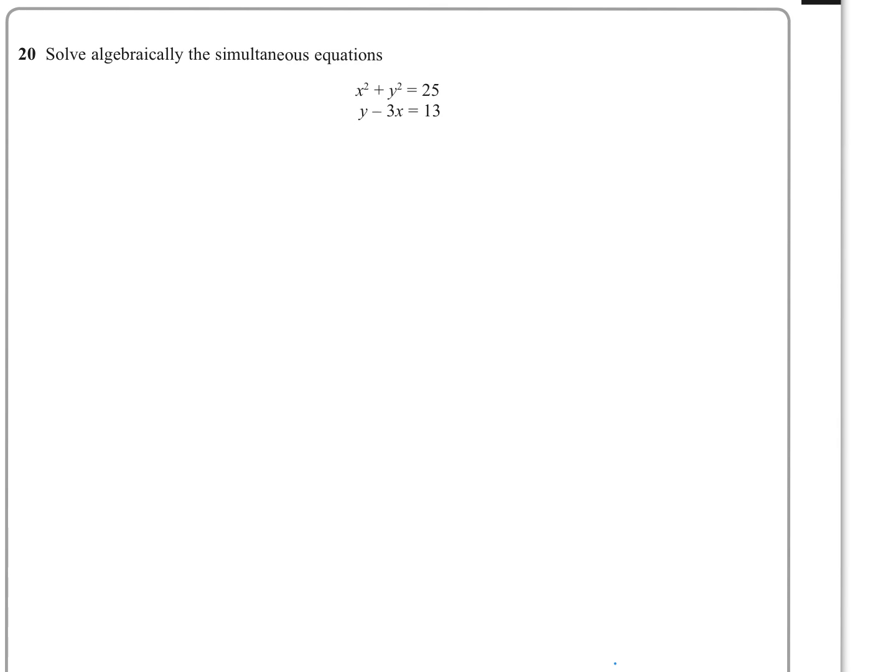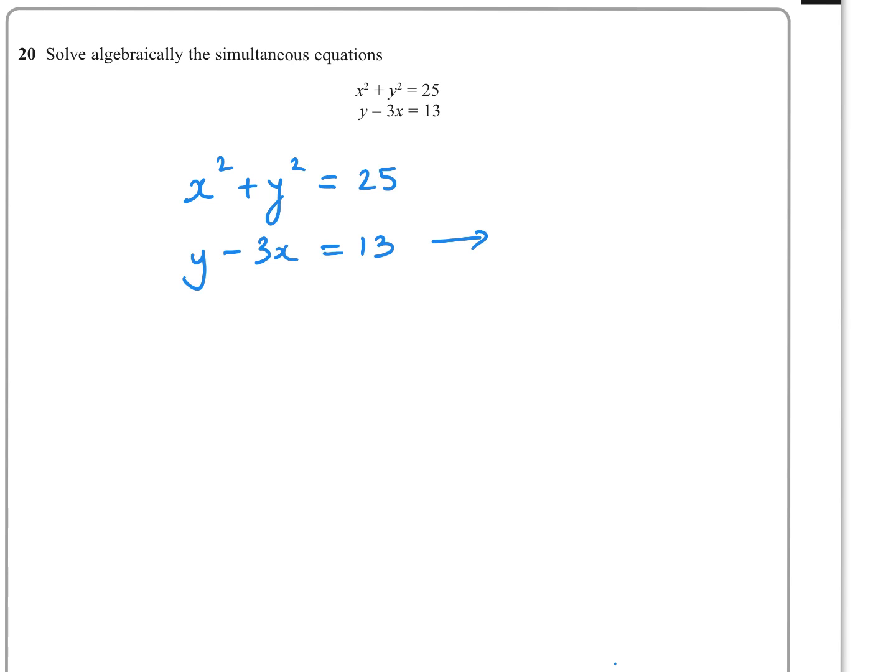Question 20. We've got to solve this pair of simultaneous equations. Well, this first one here is a circle of radius 5, which I won't go into now. And this one here is a straight line.